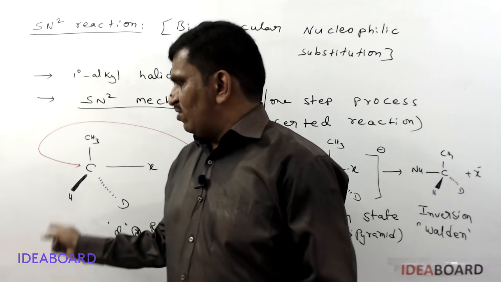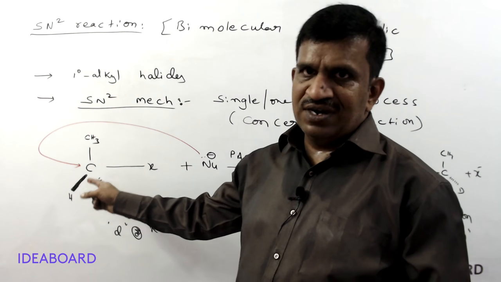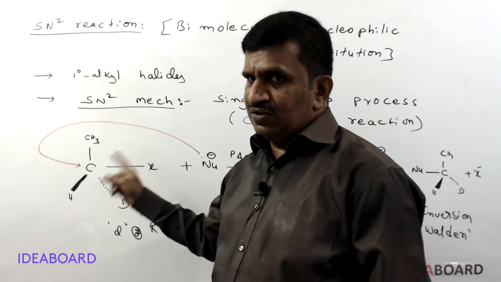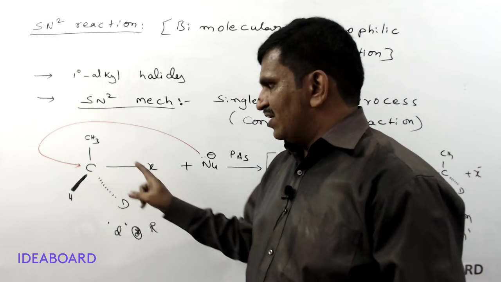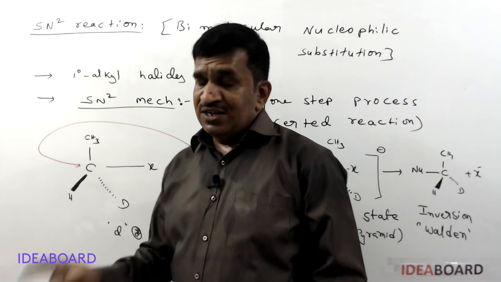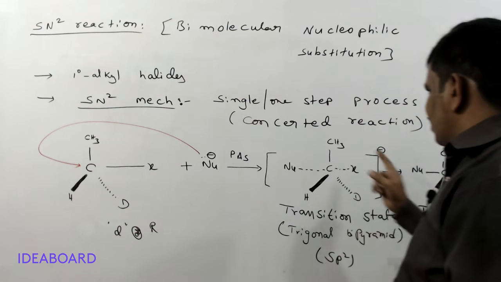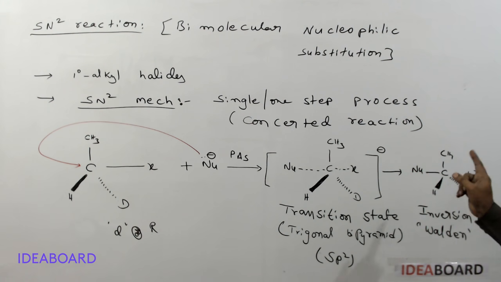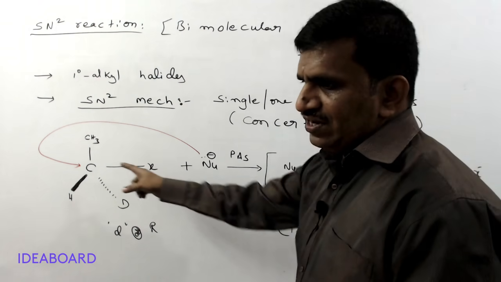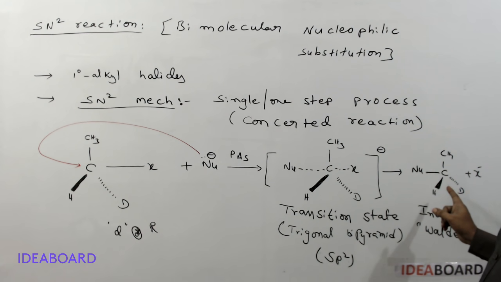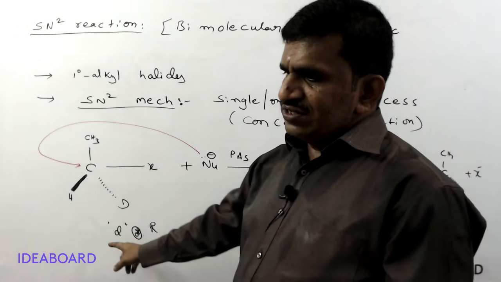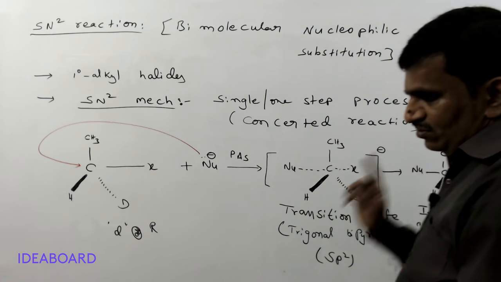If we are taking an optically active or chiral carbon containing molecule, then what is happening? It is forming another optically active or chiral carbon. Suppose if it is R configuration, we are getting S configuration. If it is a D configuration, then it is L isomer.